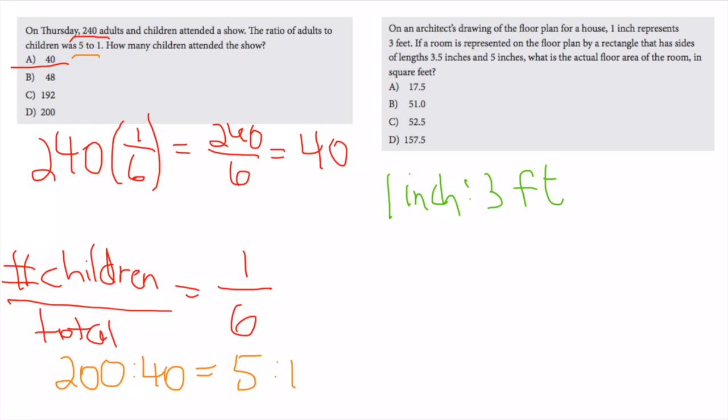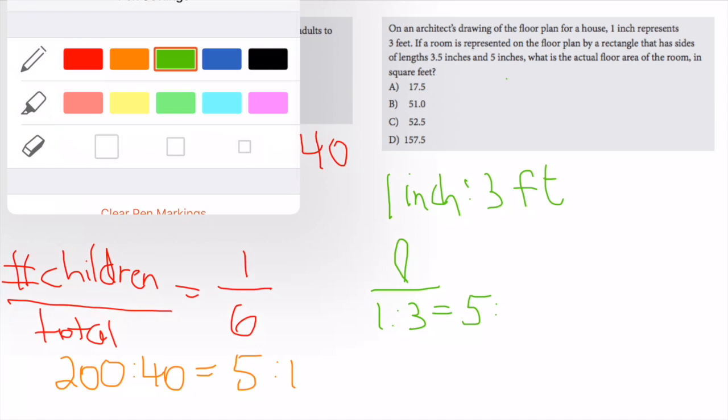Okay, so then when I look at the length and width of this room, we'll say my length, I'm still going to use the same ratio. Okay, but now I want to know what is the length if it's 5 inches on the sheet.